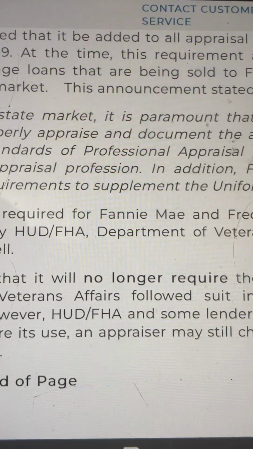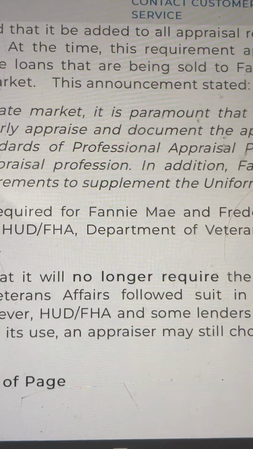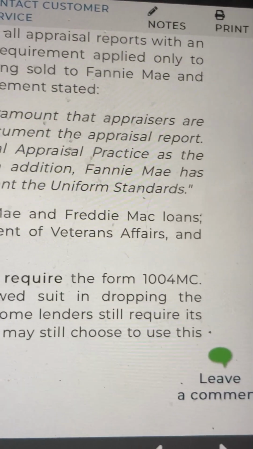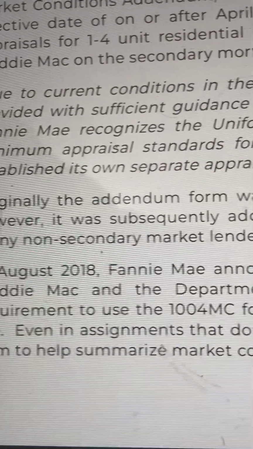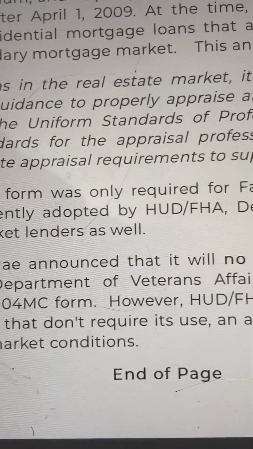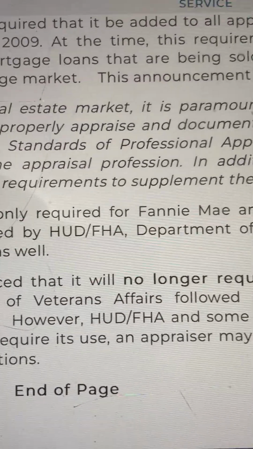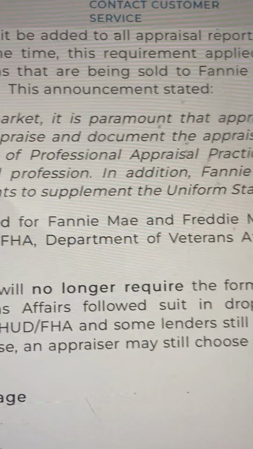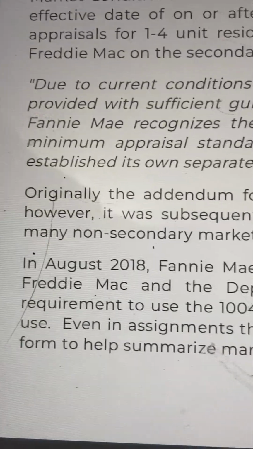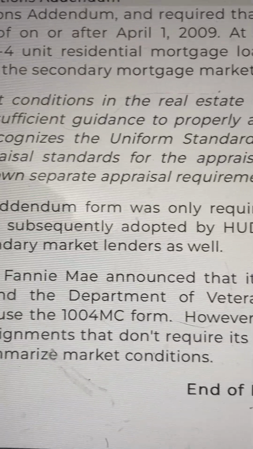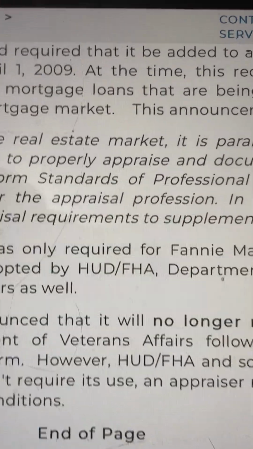However, HUD/FHA and some lenders still require its use, even in assignments that don't require its use. An appraiser may still choose to use this form to help summarize market conditions. End of page.